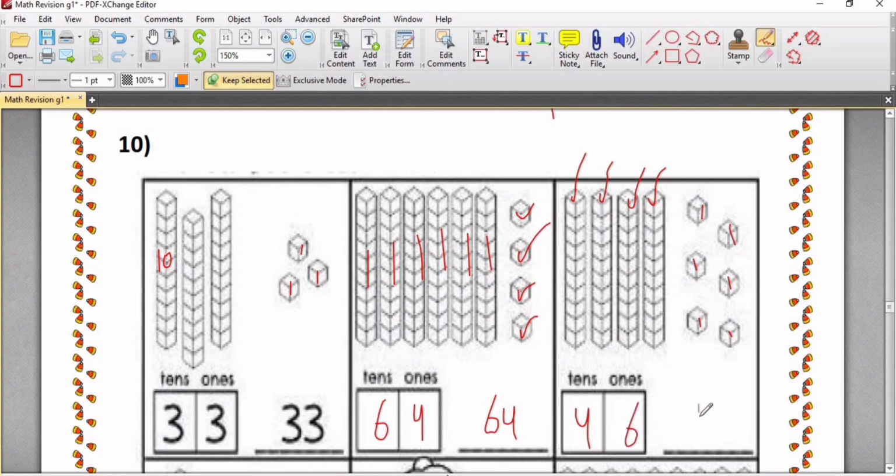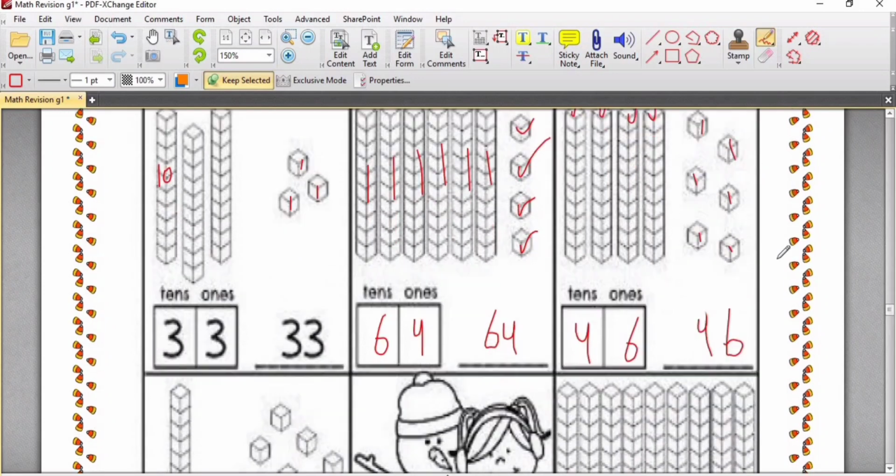So this number is 46. You got it? We could count like this: 10, 20, 30, 40, or, because this line represents 10 and 10 equals 1 ten, it will be 1, 2, 3, 4 tens, or you could say 40.